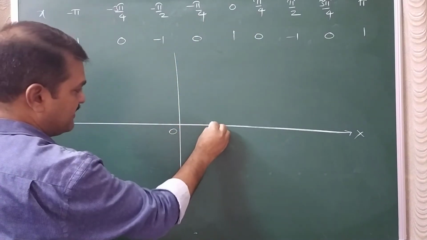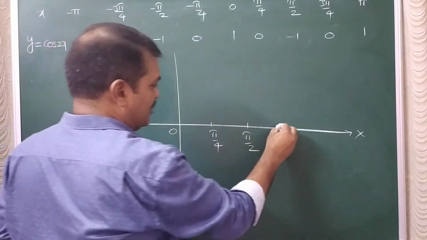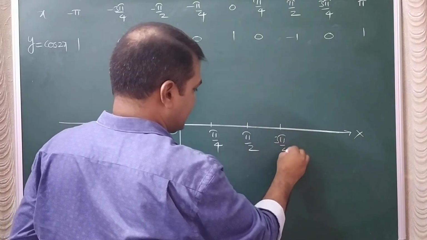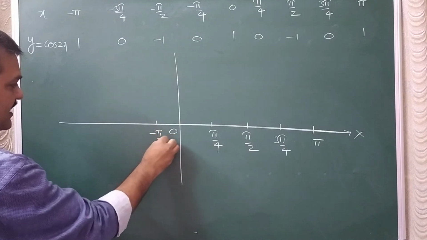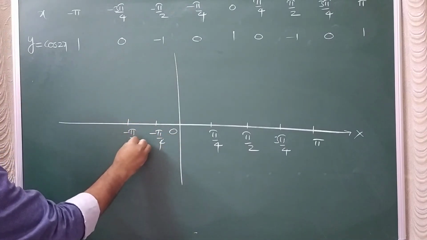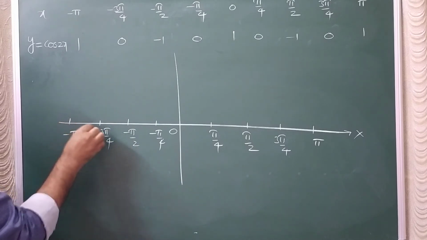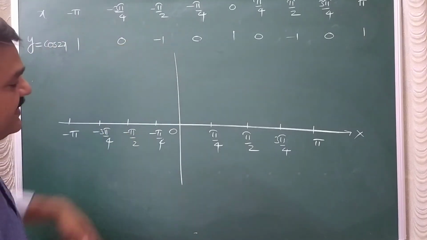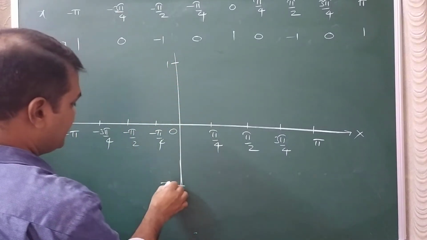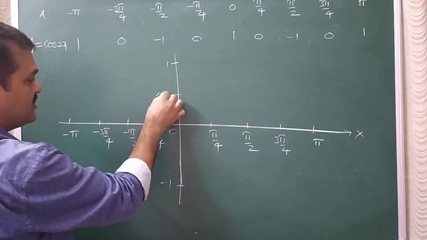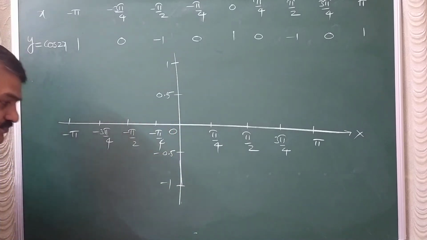There is a positive side of the x-axis and here comes the negative side. So between minus pi to pi, y values are fluctuating from minus 1 to 1. So I will put 1 here and I will put minus 1 here. Let me take 0.5 in between, minus 0.5 somewhere here.